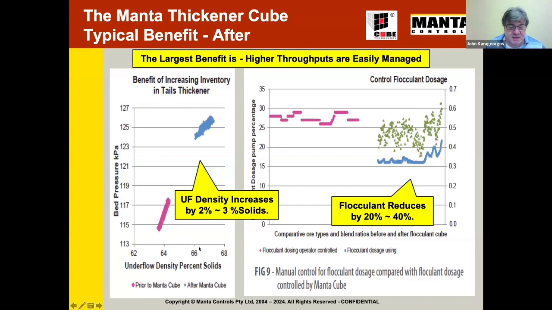So by doing things a bit better, running the thickener better, we're able to get an increase in underflow density. And on the flocculant, this is purely flocculant, and this is now like a signature. We're able to reduce flocculant by quite a bit. So they're overdosing.